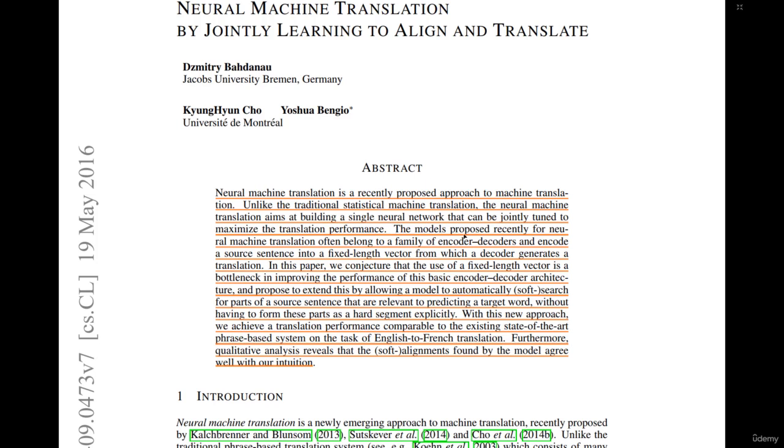The models proposed recently for neural machine translation often belong to a family of encoder-decoders. An encoder encodes a source sentence into a fixed length vector from which a decoder generates a translation.